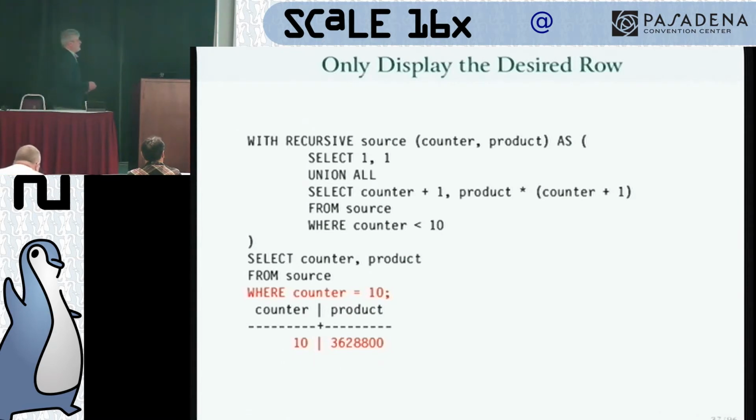So yes, you're correct. If I tried to do any filtering in the CTE, the effect of that filtering is to stop it from continuing. Now I did do filtering here.